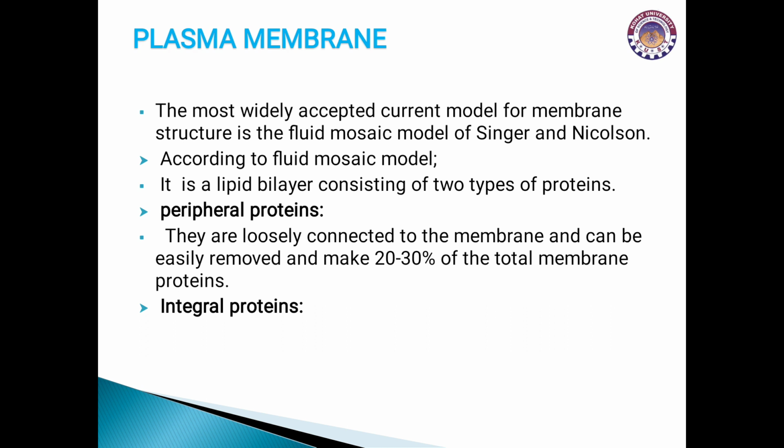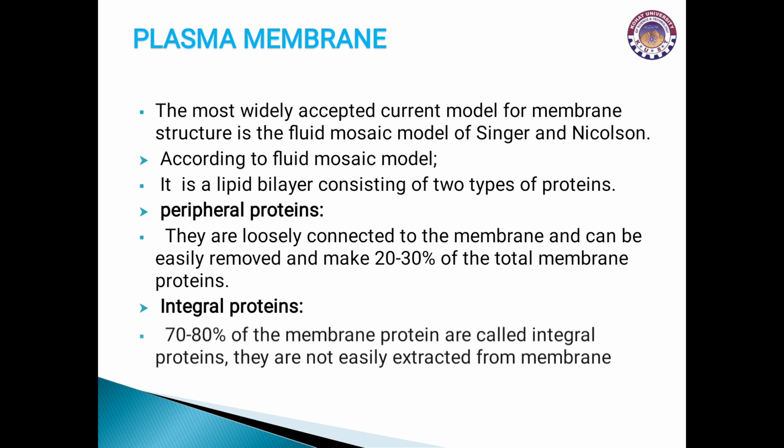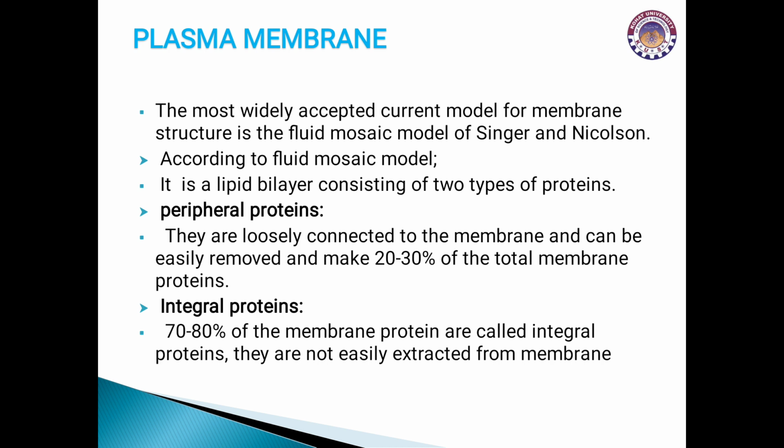Now, first we define the peripheral protein. They are loosely connected to the membrane, can be easily removed, and make 20 to 30% of total membrane proteins. Integral proteins, 70 to 80% of membrane proteins, are not easily extracted from the membrane.